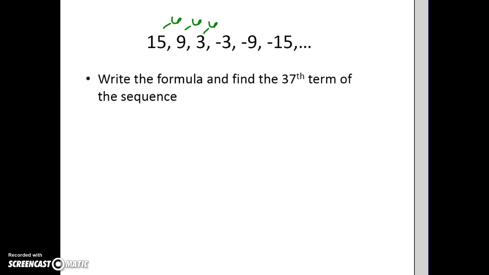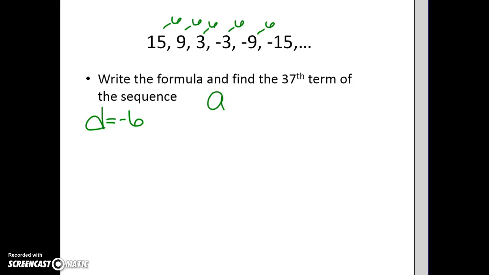Oh, I see where this is going. Negative 3 minus 6 is negative 9. And negative 9 minus 6 is negative 15. So my common difference this time is negative 6. So my d is equal to negative 6. So let's look at filling in the proper values for my formula.